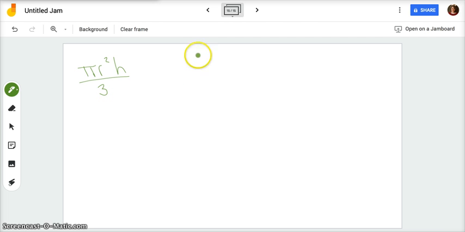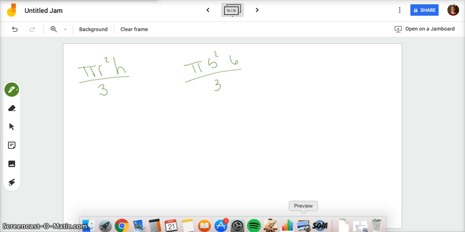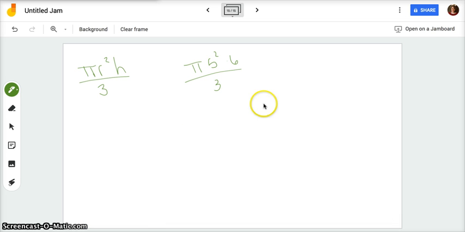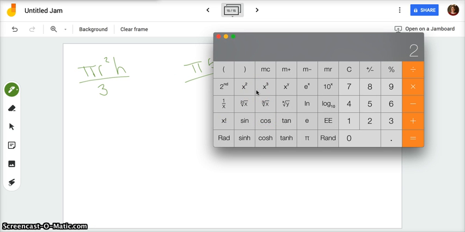So let's go ahead and write this in. So pi, 5 squared for the radius, times 6, divided by 3. 5 times 5 is 25. 25 times 6 is 150, divided by 3 times pi 3.14.